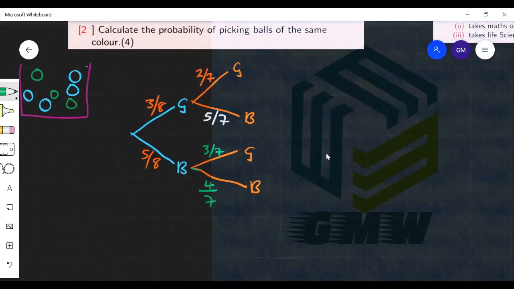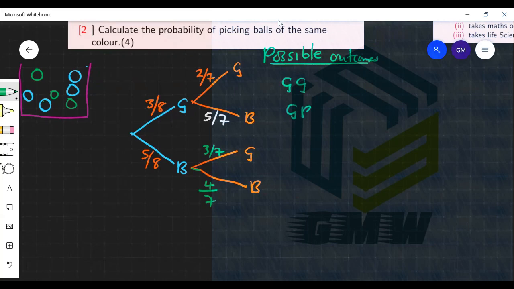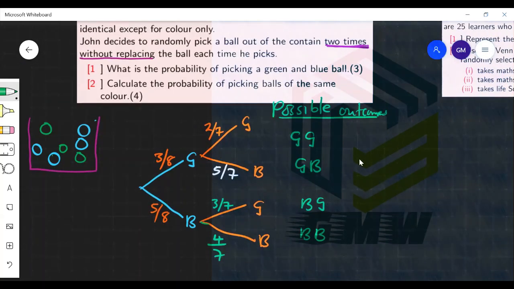Yes. Then again, you go to possible outcomes. Okay. Are you there? So with possible outcomes, we are now saying green and green, or green and blue, or blue and green, or blue and blue. You see this? Are you with me?